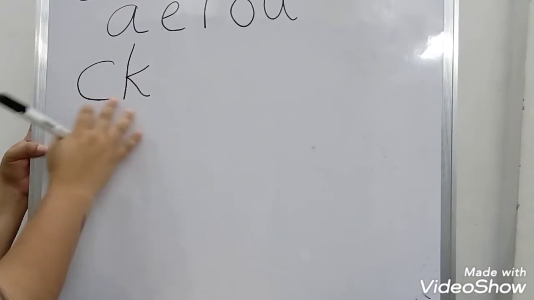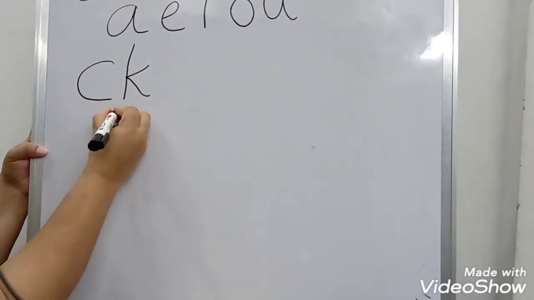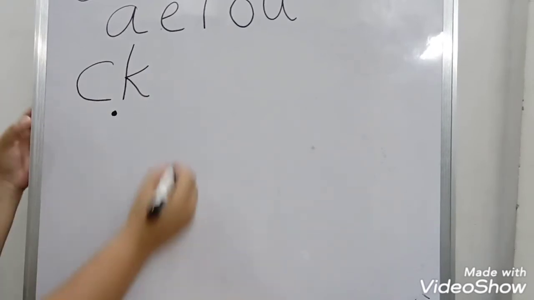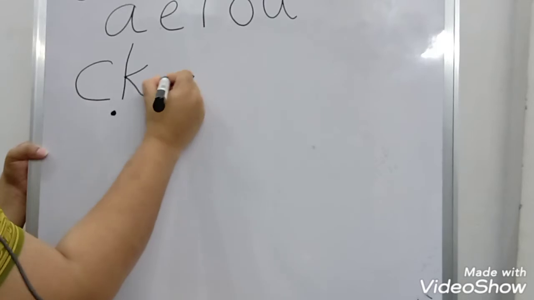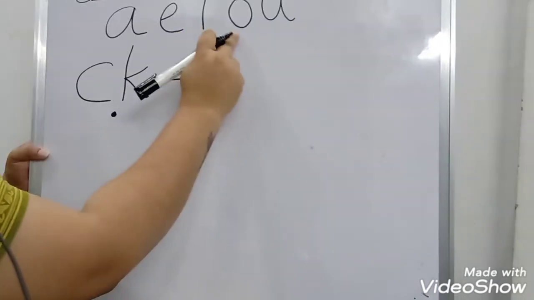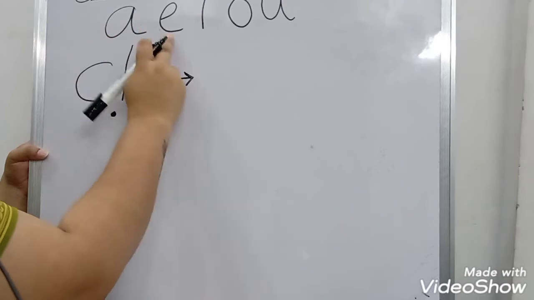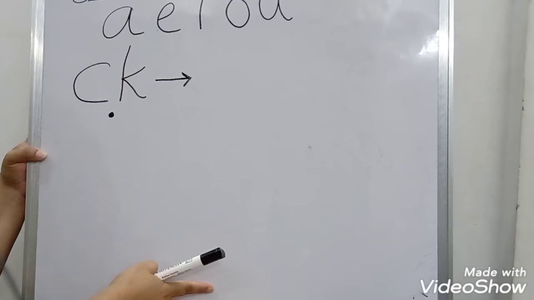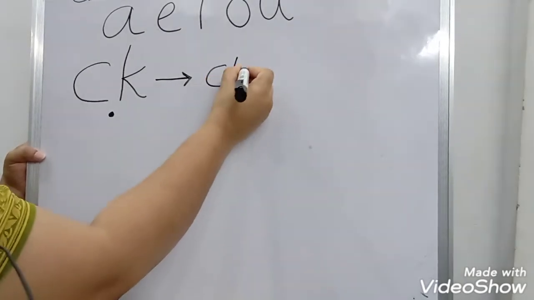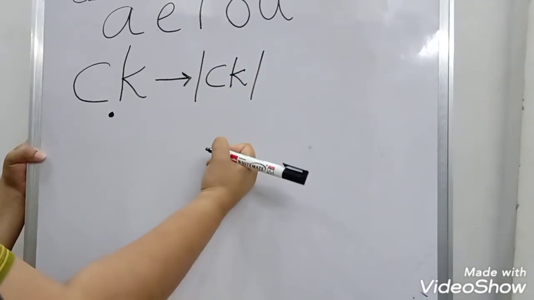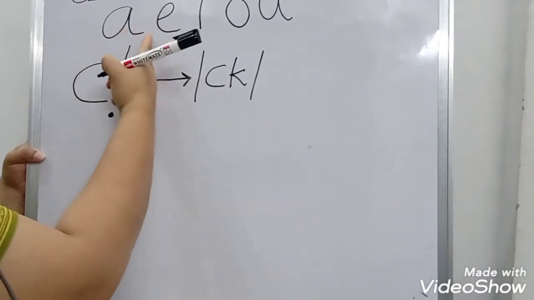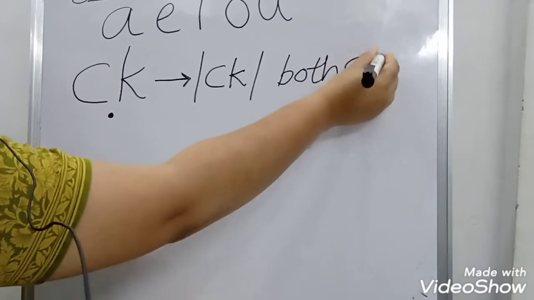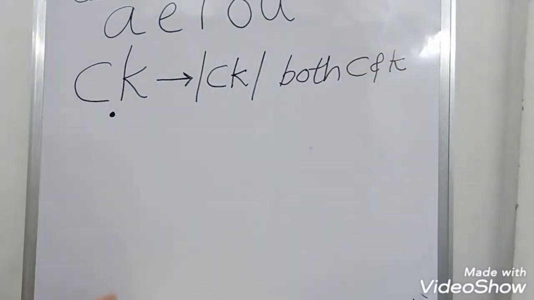So if these two letters which make the same sound are next to each other, we have to sound it only once, like K. Whereas when you hear the K sound followed by a vowel, you should write both C and K. So after a vowel, if you hear the K sound, you have to write both C and K.